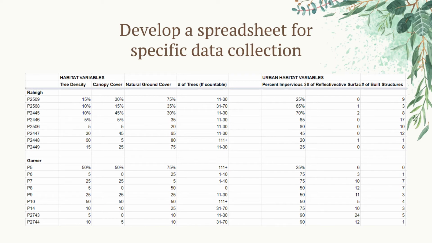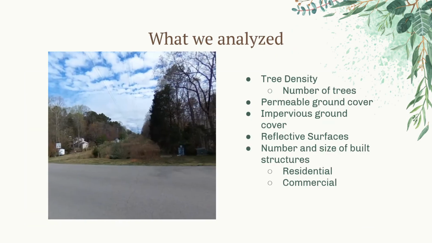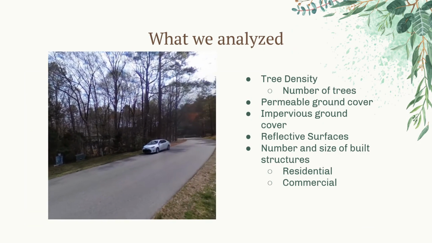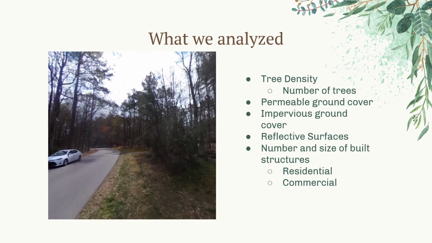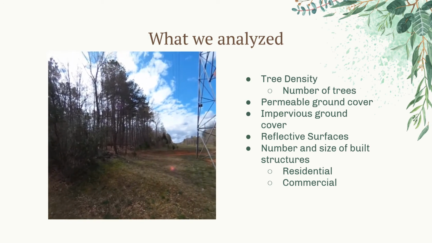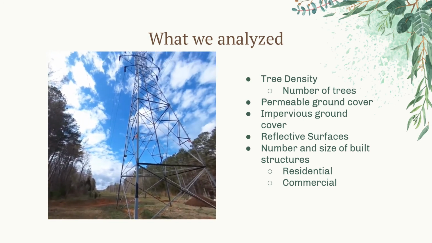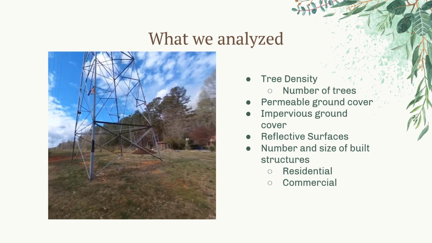For data collection, a simple, easy-to-read spreadsheet should be formed. We found that it was best to separate images by city and analyze the images on both natural habitat and urban variables. In order to develop our analysis procedure, we chose to attempt to quantify a variety of measures that we felt would be possible through a virtual reality device.